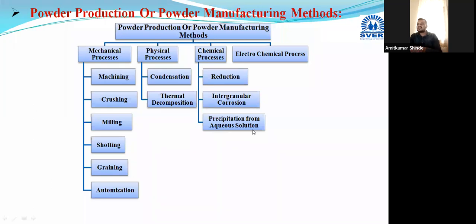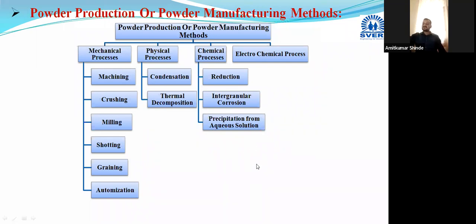Then it will separate the more noble metal from that aqueous solution. This is a concept from chemistry, and depending on it, we obtain the powder particles.